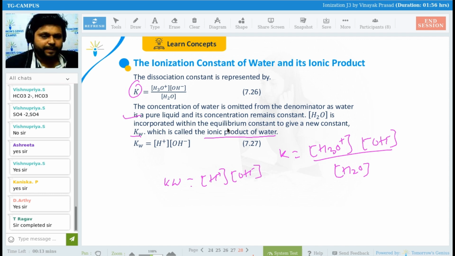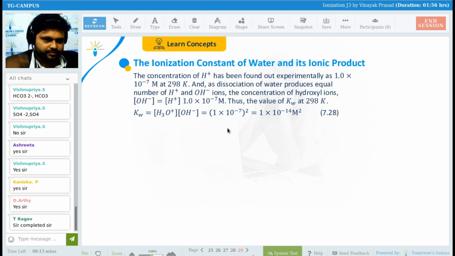Getting my point? Is it okay? The ionic product is H plus into OH minus ion. Getting my point, everyone? See here, suppose the concentration of H plus has been found to be 1.0 into 10 to the power minus 7 M at 298 Kelvin temperature.